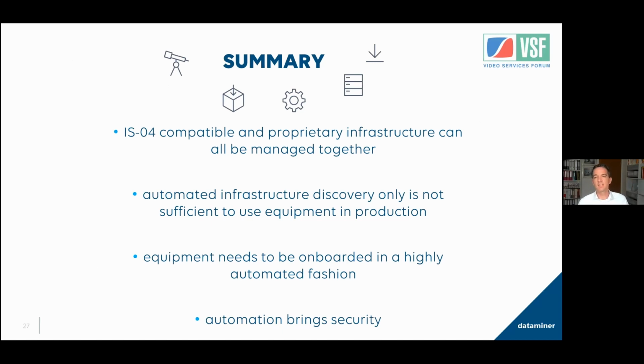There are a lot of things you still need to do, and you should automate that before you can use it with your SDN controller, as an example. And you should not do it manually, but in a more automated way. And why is that? It's really to bring security, to be fast, etc., but to add more security, to have something which is predictable, that you can only do when you automate those things.